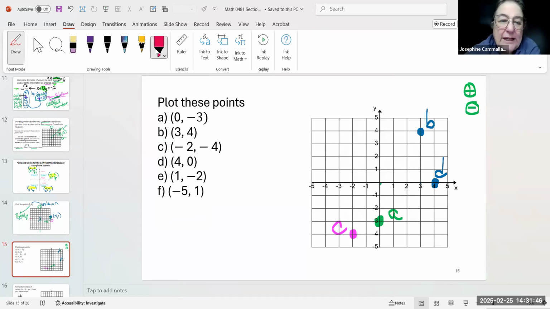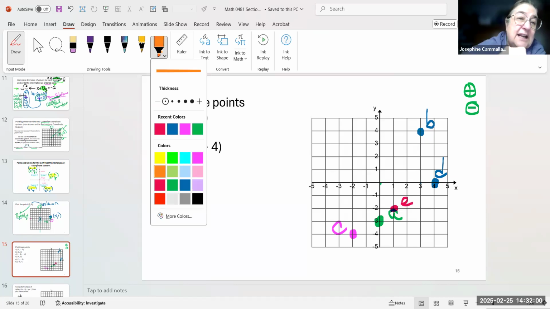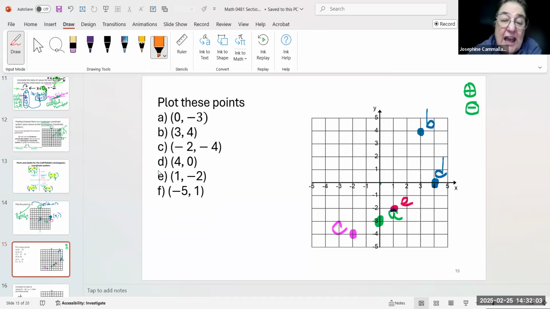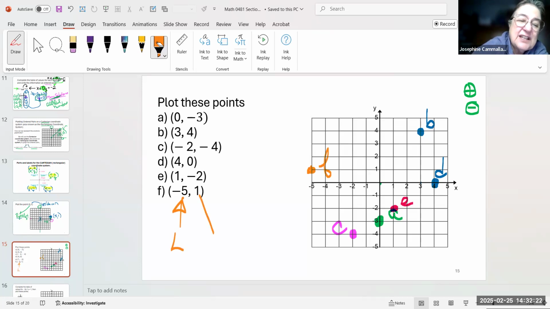That means I'm going right 1, but the second number is negative, down 2. And last but not least, I have a -5. So from the center, I go 5 left, but I go up 1, which means this is my F. First number, this is left, this is up.